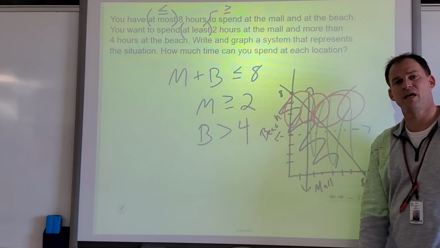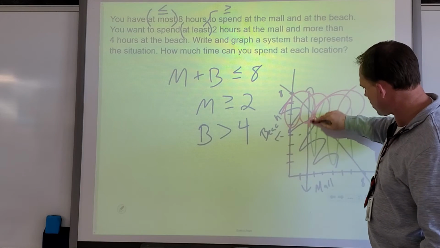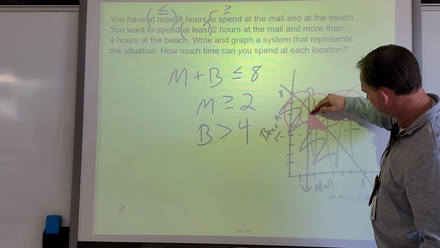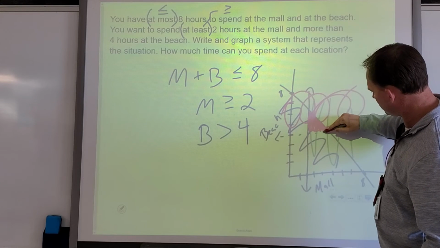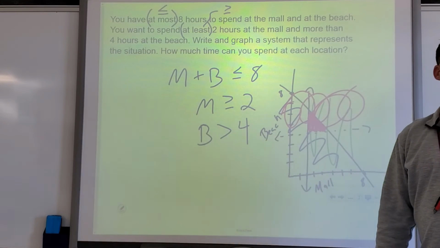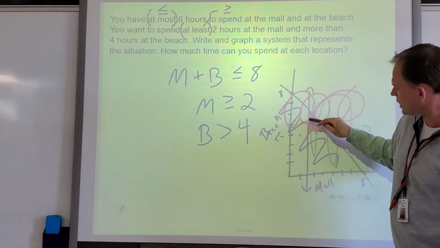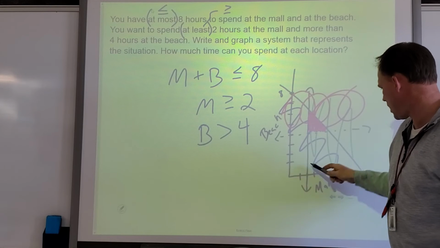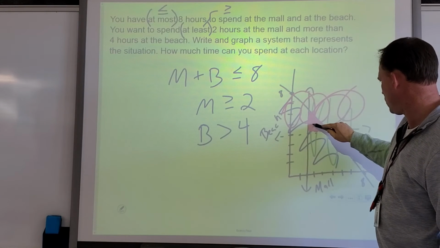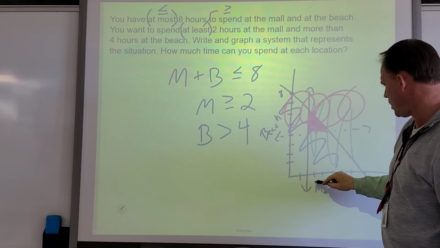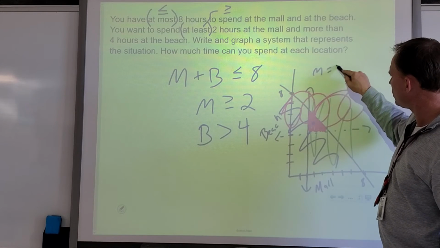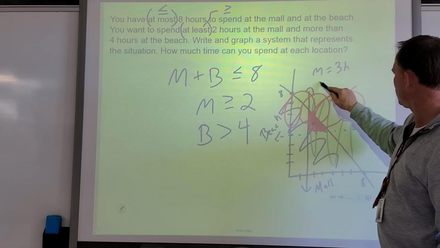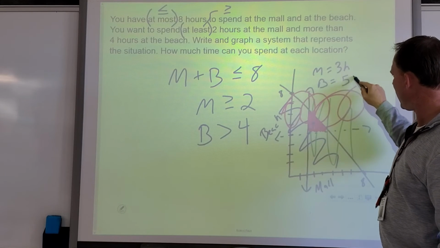Which part of the graph hits all 3 regions? Well, that triangle right in there. Hits all 3 regions. So if I pick some amount of time in here, so I'm looking at something maybe right there. So that would be mall is 3 hours. Beach is 5 hours.